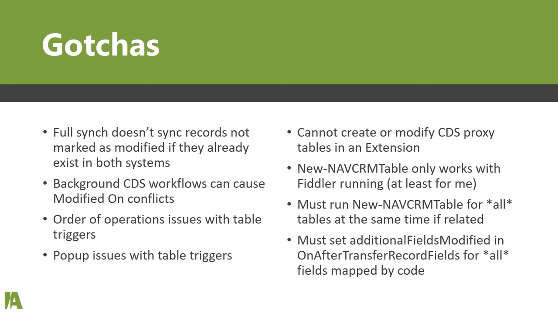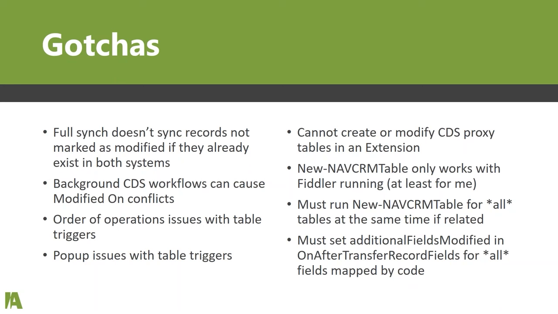I also ran into a number of order of operations issues with table triggers, and this is something that I've been fighting in general with nav. I don't think there is a great answer to it. In nav, you can implement business logic in either a page or in a table, and the proper way to do it would be to implement it in the table, for the most part.